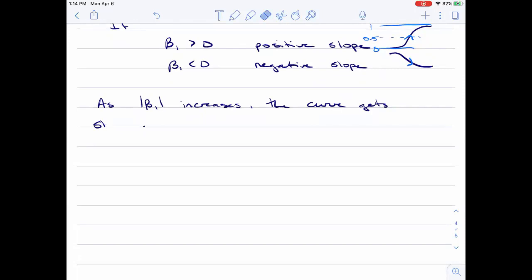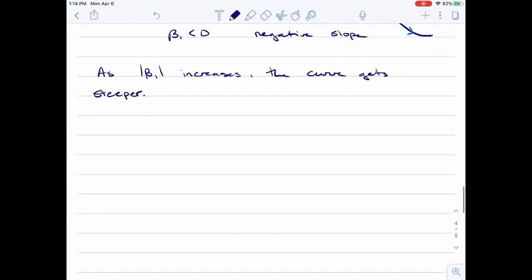So we've got this as the absolute value of the slope, regardless of if it's positive or negative, as it gets larger, we get this steeper slope.